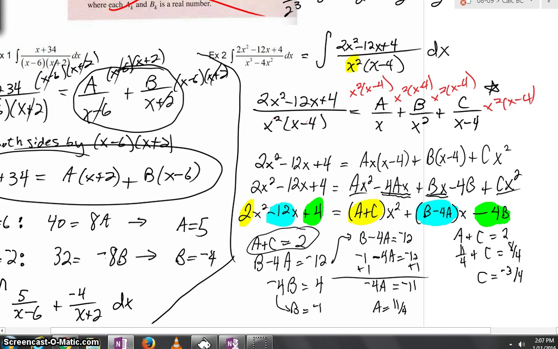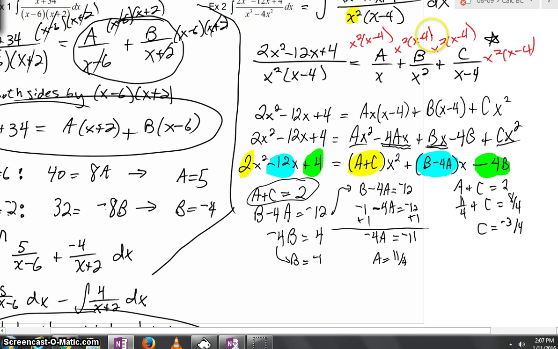Now, what's nice about this is looking at this decomposition, a over x plus b over x squared plus c over x minus 4, you have to realize this is what our new integral is. My a is 11 over 4, so I get 11 fourths all over x.